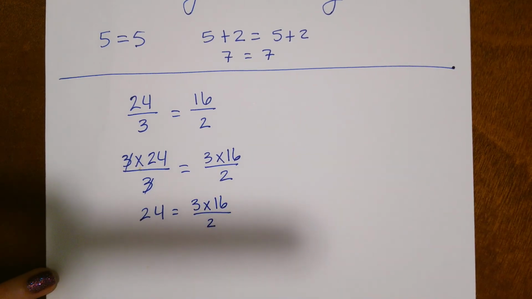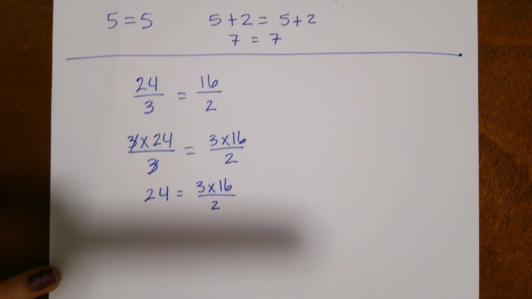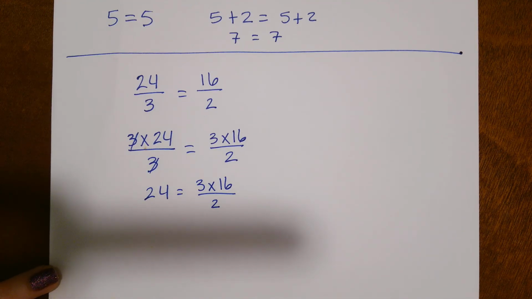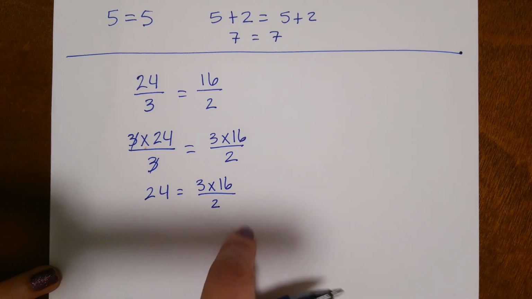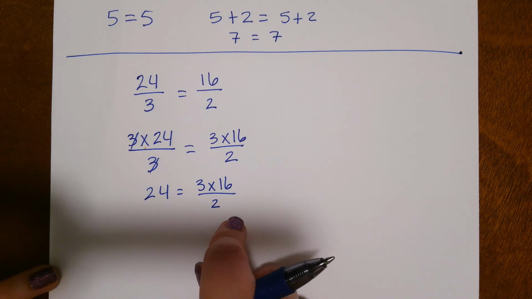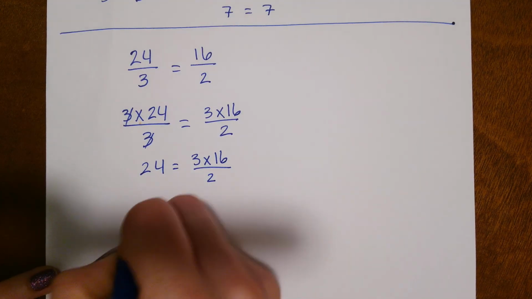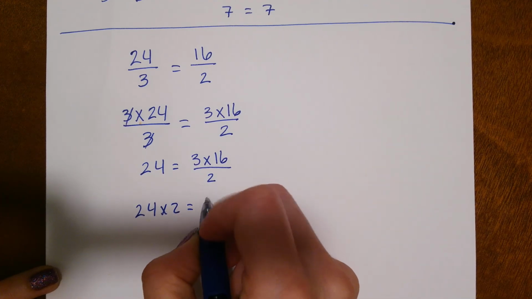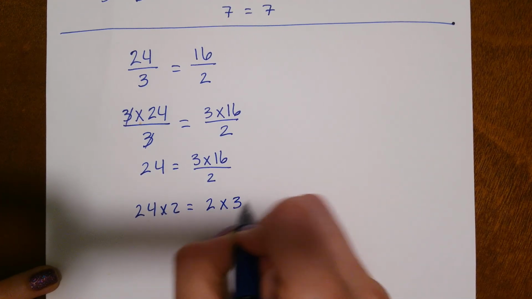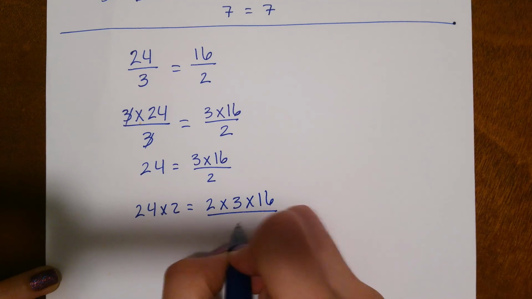The way this is written, I don't have a common factor, so I'm going to leave it as is just to show my point. So I got rid of this denominator by multiplying by 3. I'm going to do the same thing over here, multiplying both sides by 2. So on the left, I get 24 times 2. On the right, I'm going to get 2 times 3 times 16 over 2.